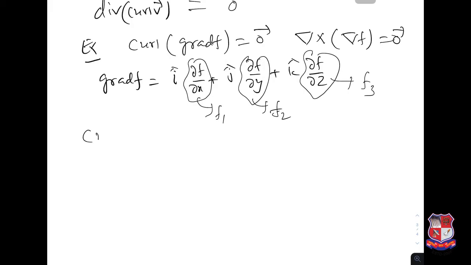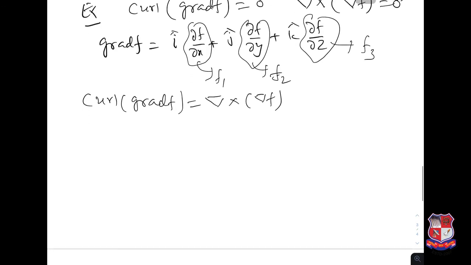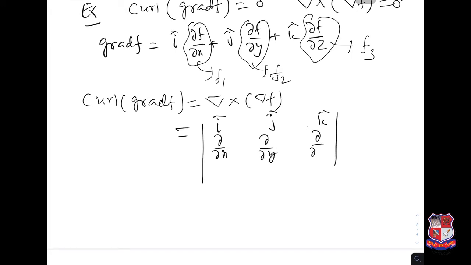Now we want curl of grad f, so del cross del f, that is nothing but the determinant with i, j, k, del by del x, del by del y, del by del z, and now this is the first component, del f by del x, del f by del y, del f by del z.